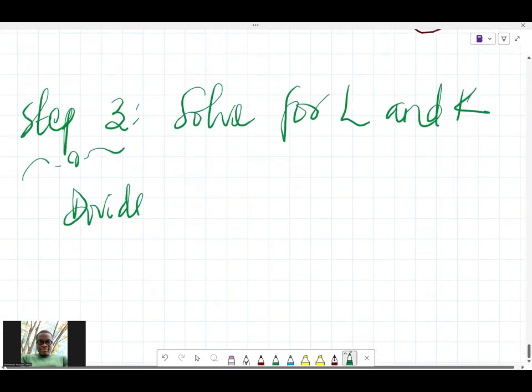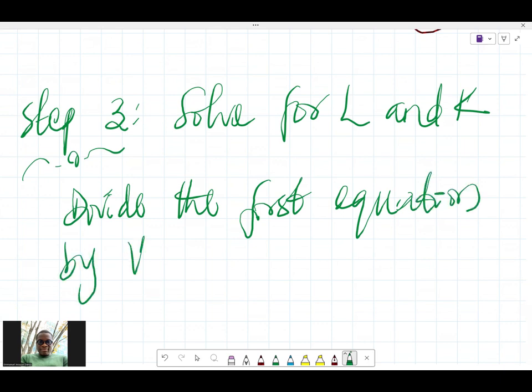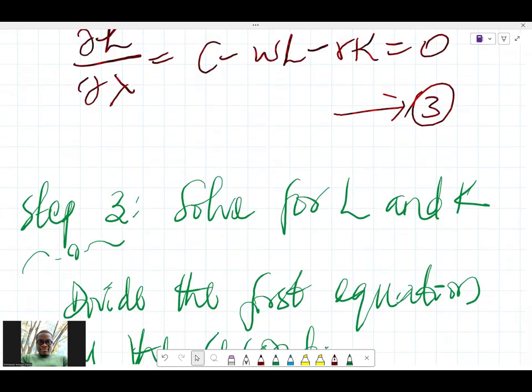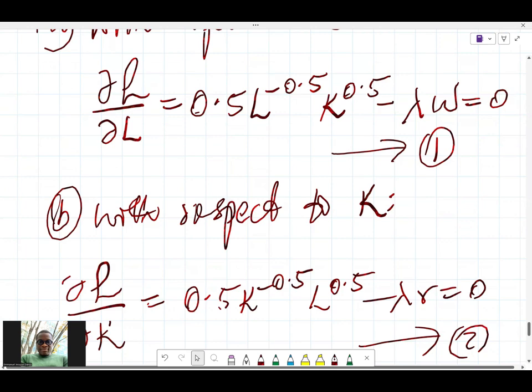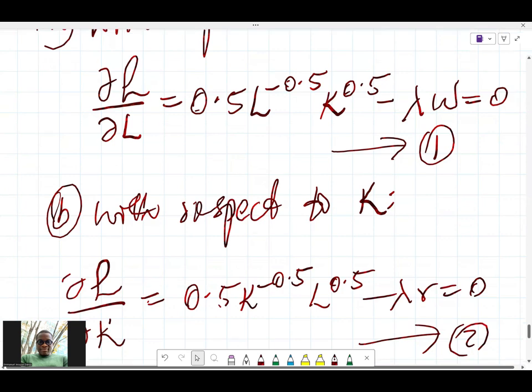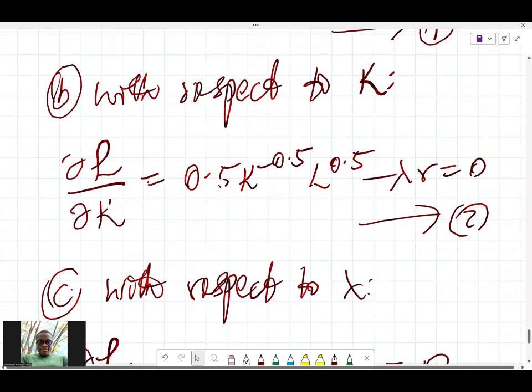So we can divide the first equation by the second. You know what the first equation is? The first equation is 0.5 L raised to minus 0.5 K raised to 0.5 minus lambda W, divided by 0.5 K raised to the power minus 0.5.